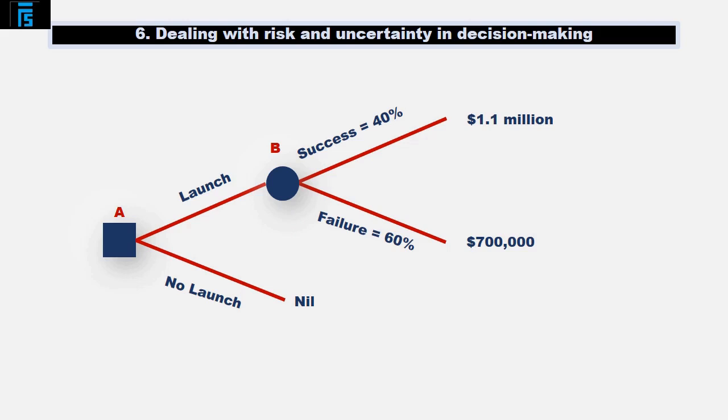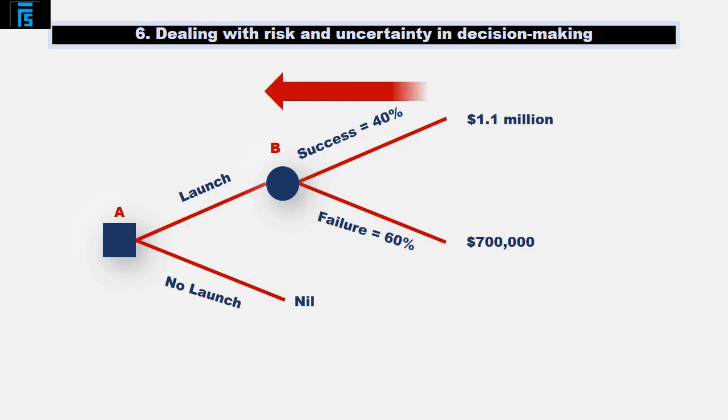Reading from left to right, we can see Jack initially has a choice of whether to launch or not. If he doesn't launch, his return is nil. If he does, then it's down to chance. This takes him to node B. There's a 40% chance of success and a 60% chance of failure.